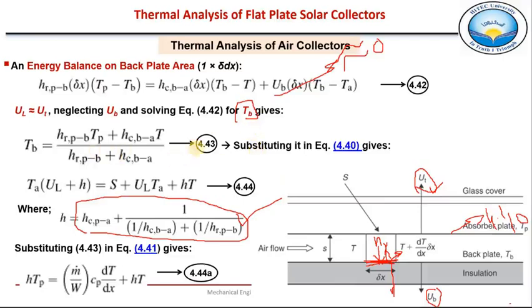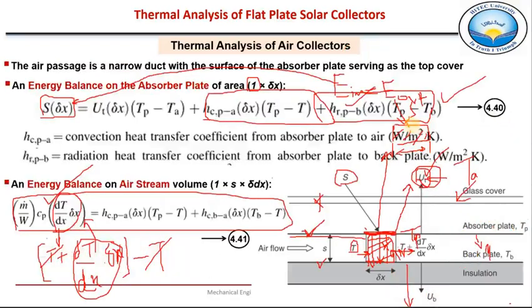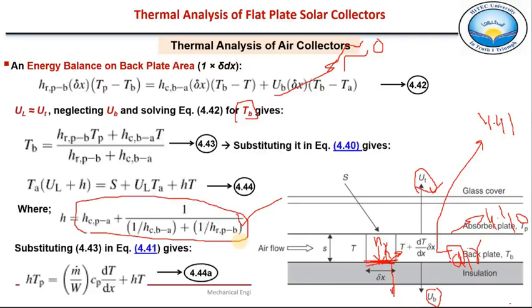Now the same equation 4.43 is put in the equation of air, the energy balance which we wrote for air, that was equation 4.41. So now we shall put the same TB equation here, and then after substituting equation 4.43 in equation 4.41 we get this equation.